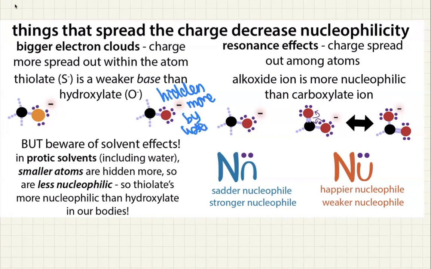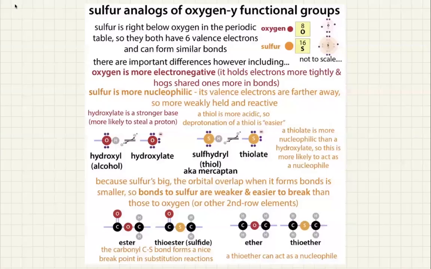And if it's hidden more, now it's less likely to react. So it's going to be less nucleophilic. So it's going to be a stronger base. It's going to be able to take protons more readily, but it's going to be less likely to react as a nucleophile.